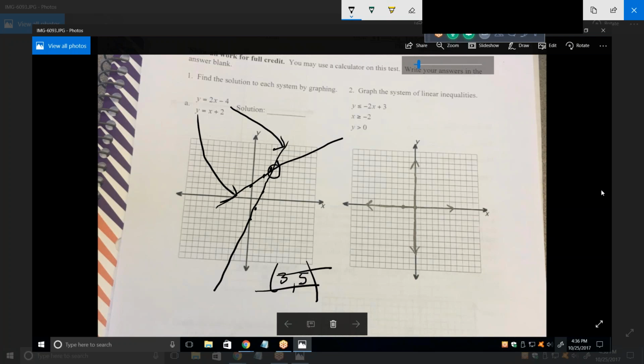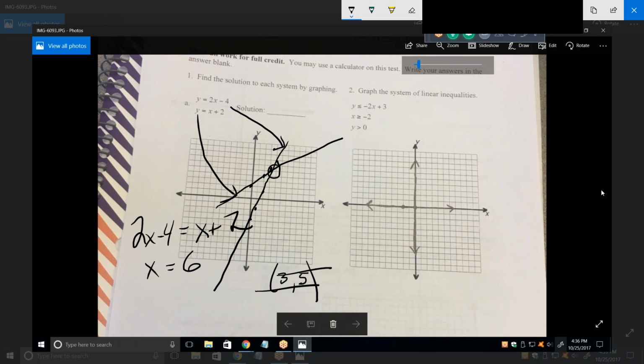Let's just figure out what the true solution is, okay? You can always do that by substitution. In other words, if y equals that and y equals that, then the thing on the right side has to equal the other thing on the right side. Like that, okay? Now, if I solve it, I get x equals 6.